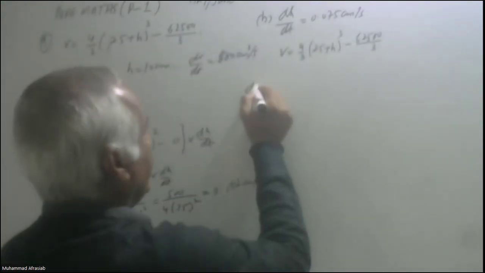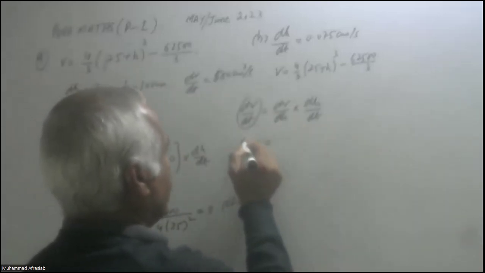since dV over dt is basically equal to dV over dh into dh over dt. But dV over dt is equal to 500 because it is given in the initial statement.